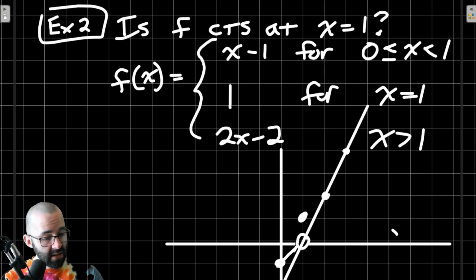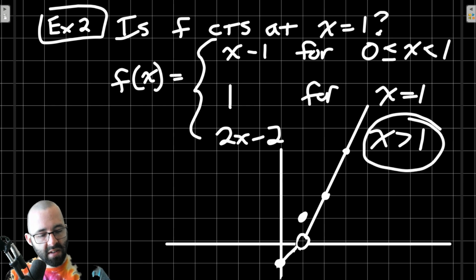But again, it's a piecewise function. This is only for x greater than 1. We're going to erase everywhere not greater than 1. So we're still going to have an open circle here, right? We still have an open circle here because 1 is not included.